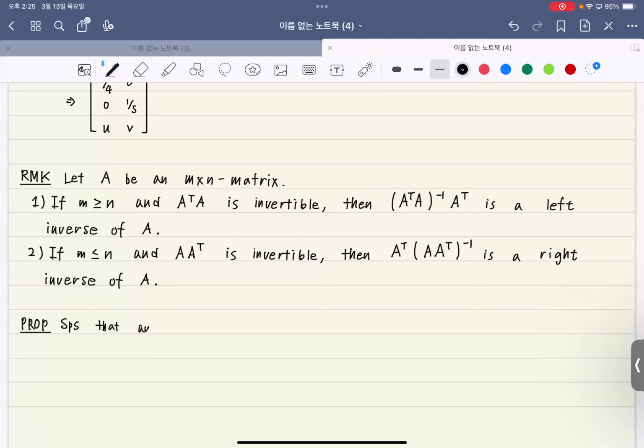I have an m by n matrix that has rank 1.